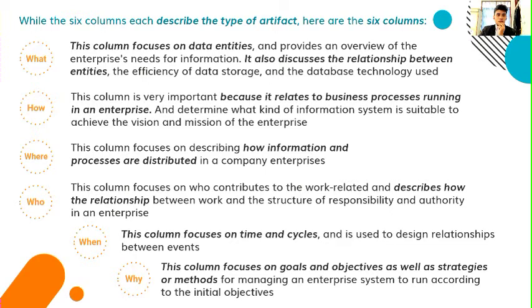Second, how. This column is very important because it relates to the business processes running in an enterprise and determines what kind of information system is suitable to achieve the vision and the mission of the enterprise.